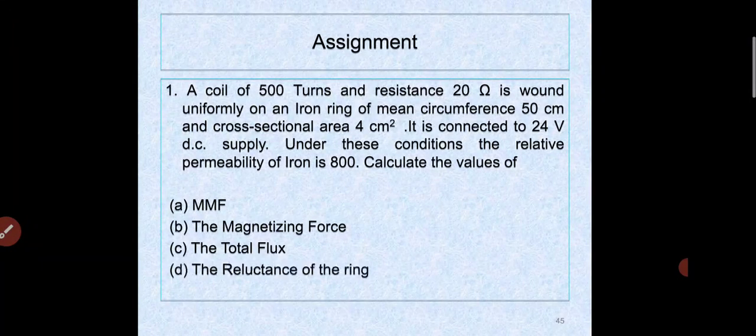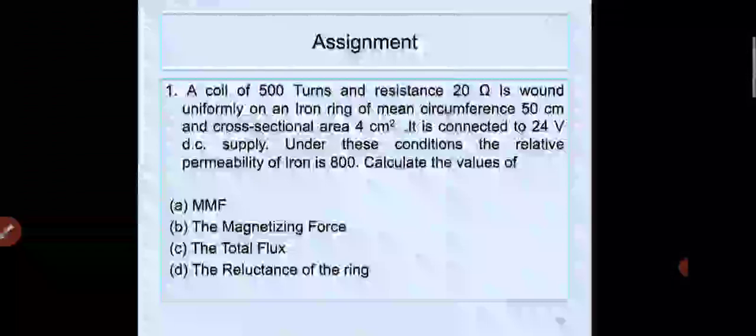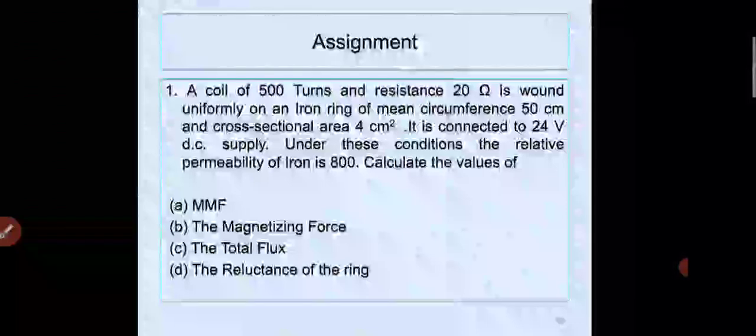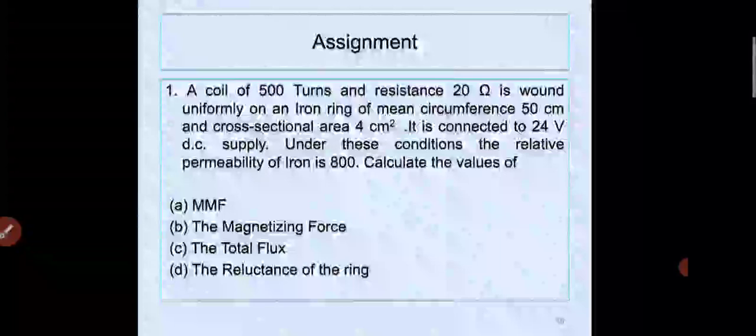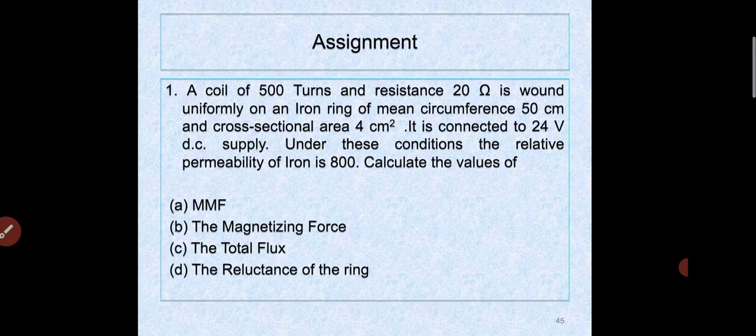So, write the assignment. Question 1. A coil of 500 turns and resistance 20 ohms is wound uniformly on an iron ring of mean circumference 50 centimeters and cross-sectional area 4 centimeters square.